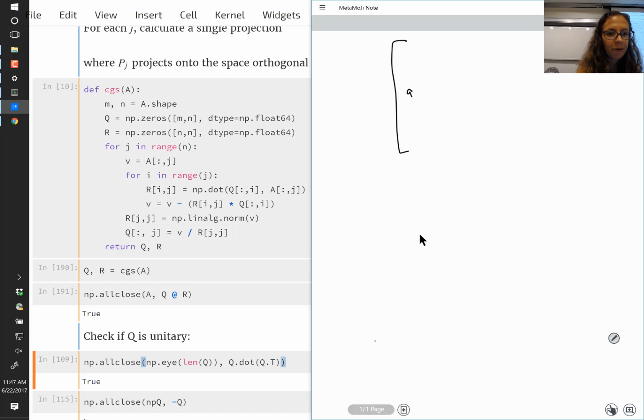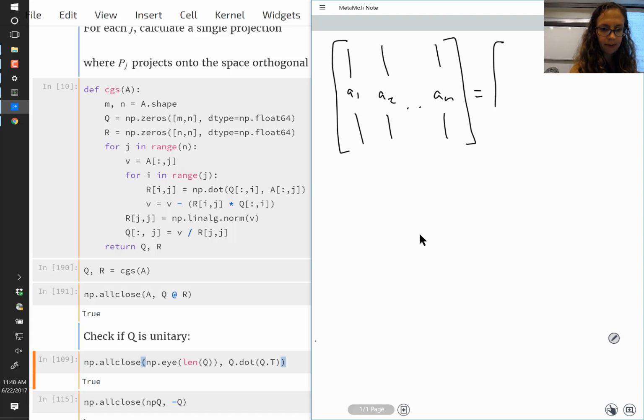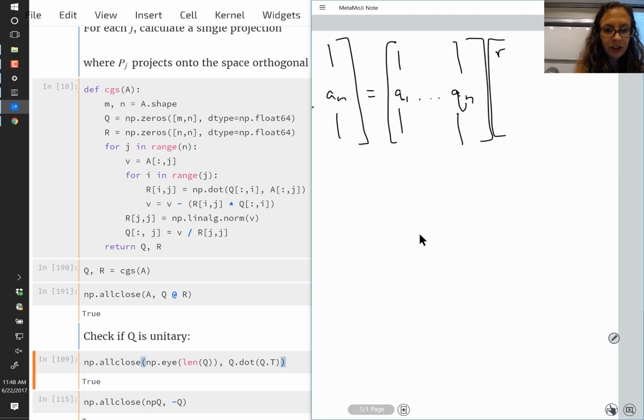You can think of it as we're starting with these columns, A1, A2 up through An, and we're trying to find what we can choose for these columns Q1 up to Qn such that we've got this triangular matrix R.